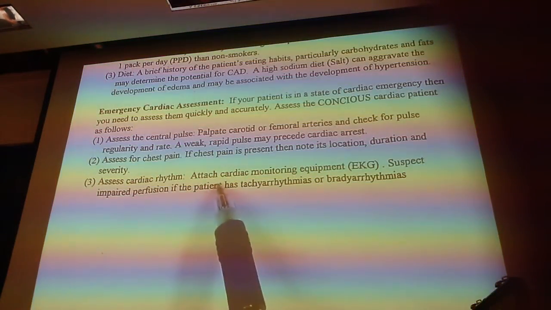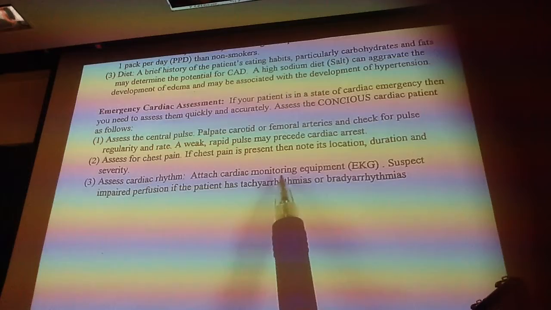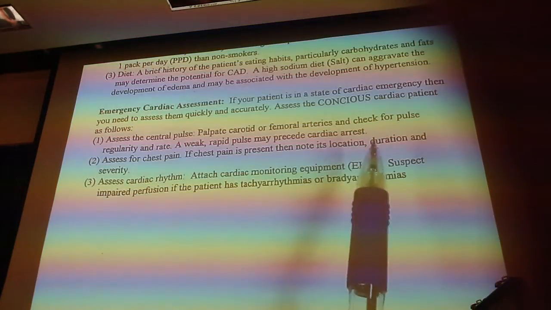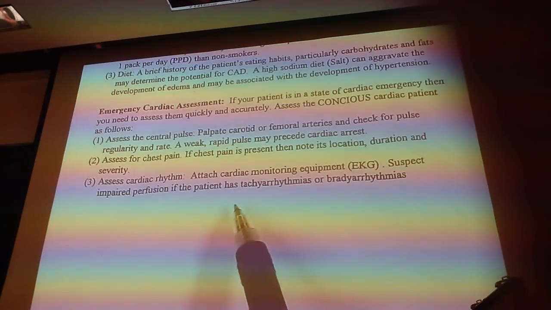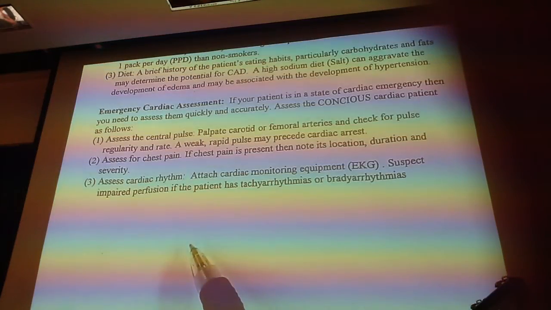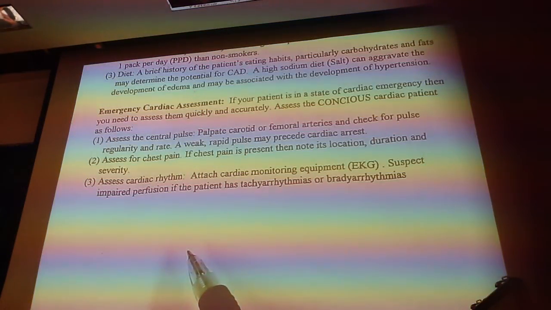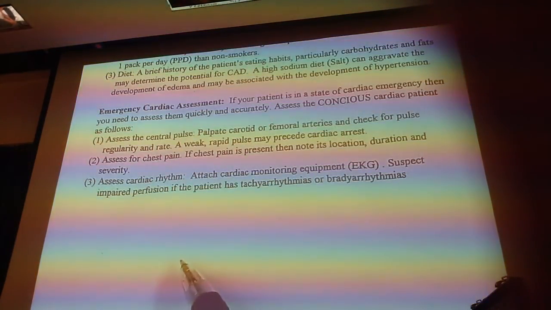And the last thing, you're going to be hooking them up to an EKG, and this is where you get to shine, guys, because you can look at that EKG and determine what's going on. I'm going to give you the chapter on EKG interpretation.